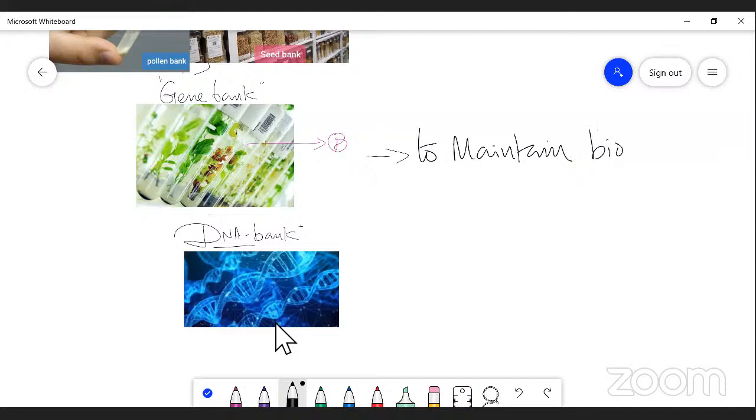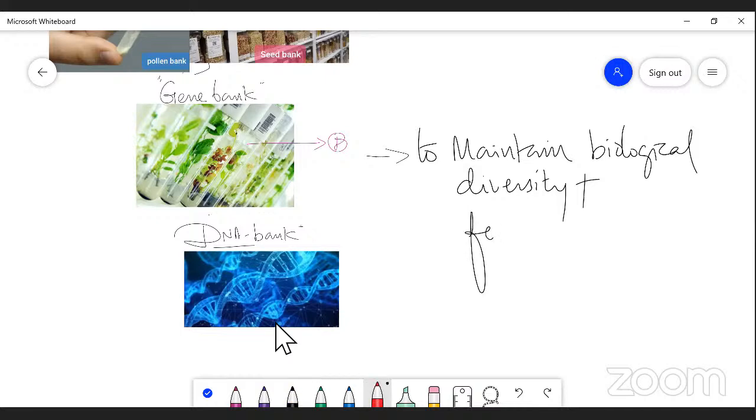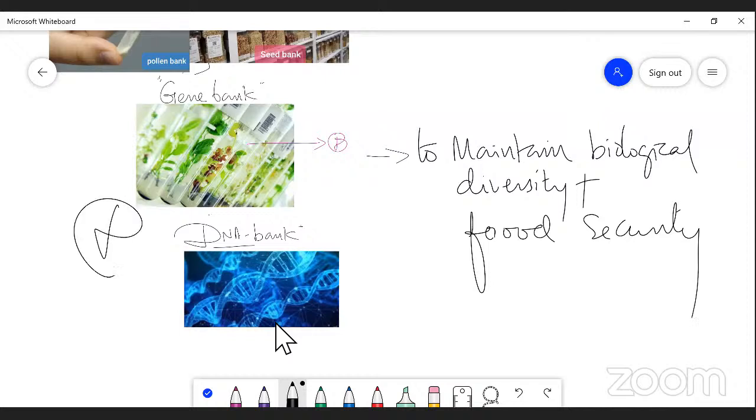In order to maintain biological diversity, and in addition to that, in order to maintain food security. So this is the role of a gene bank and the DNA bank, right?